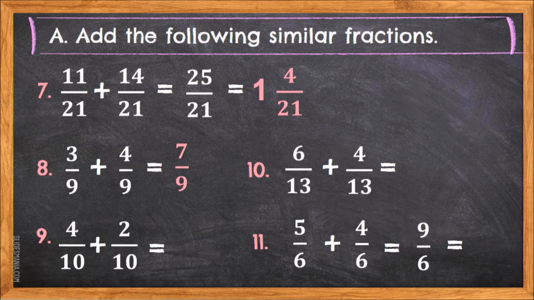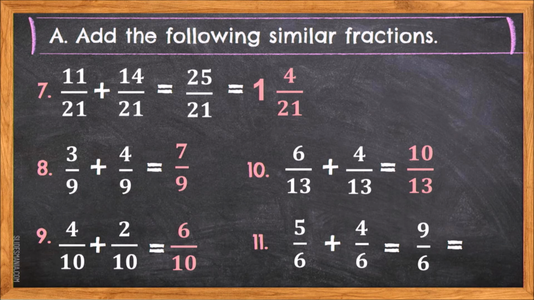Okay? Next, number 8, 3/9 plus 4/9 is equal to 7/9. Okay? Next, number 9, 4/10 plus 2/10 is equal to 6/10. Okay? Next, number 10, 6/13 plus 4/13 is equal to 10/13. Okay? Next, number 11, we have 5/6 plus 4/6 is equal to 9/6.